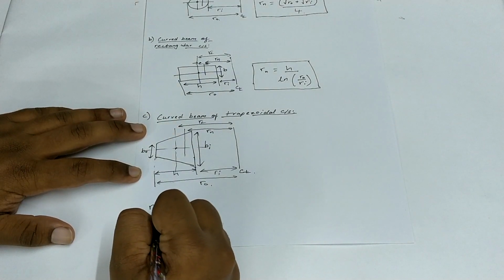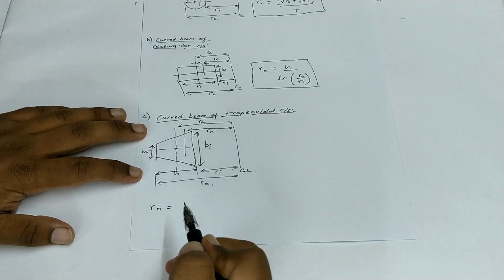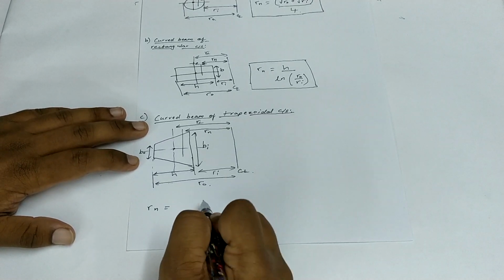So now, like the previous cases, we again write the expression for the radius of the neutral axis.